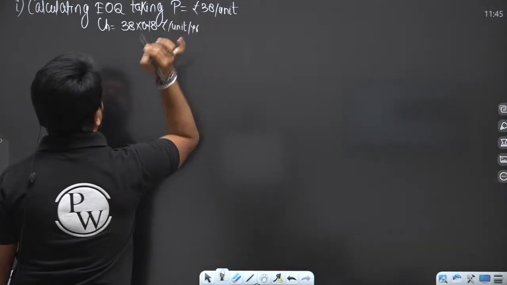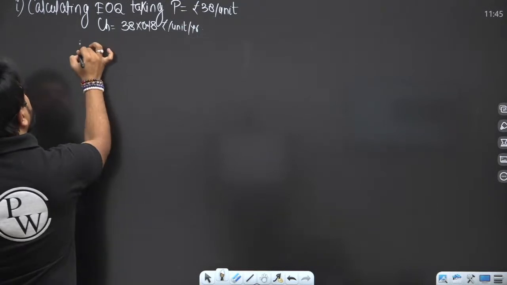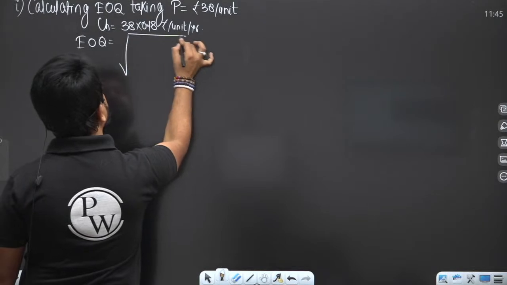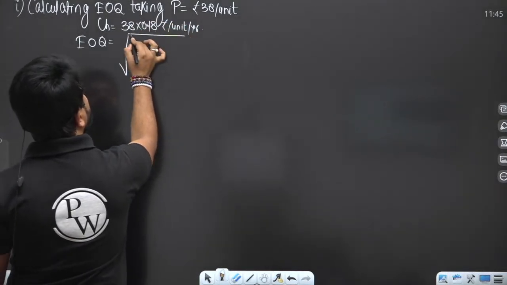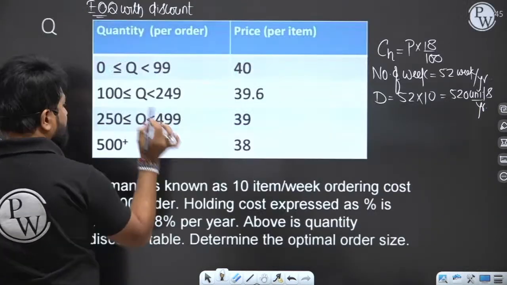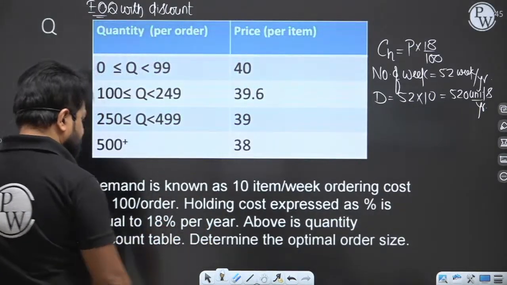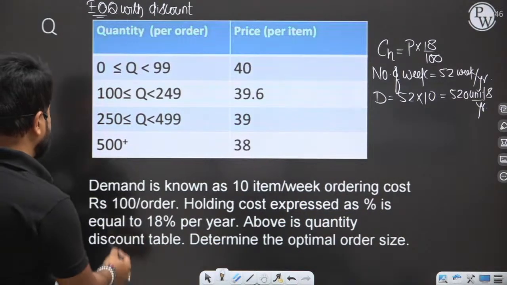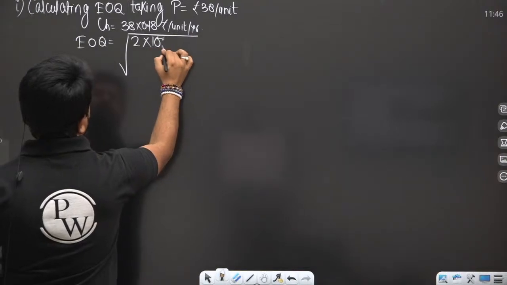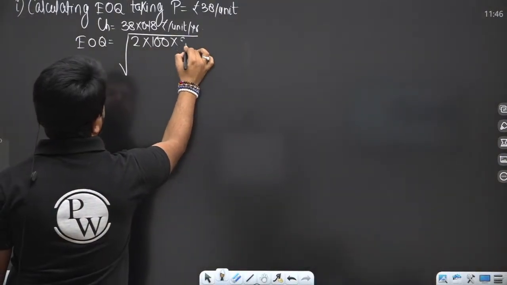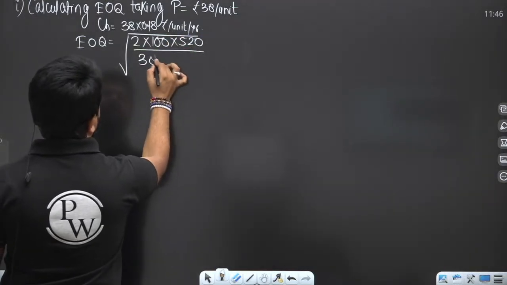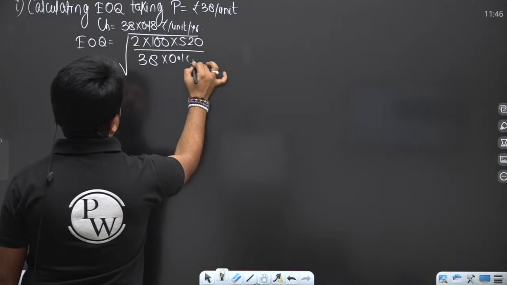So the economic order quantity is the square root of 2 into C naught, the ordering cost, which is 100 per order, into demand 520, divided by C_H, that is 38 into 0.18.